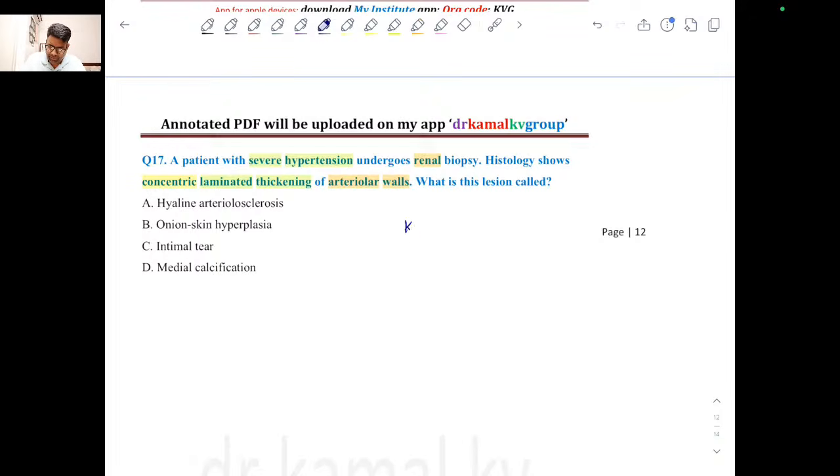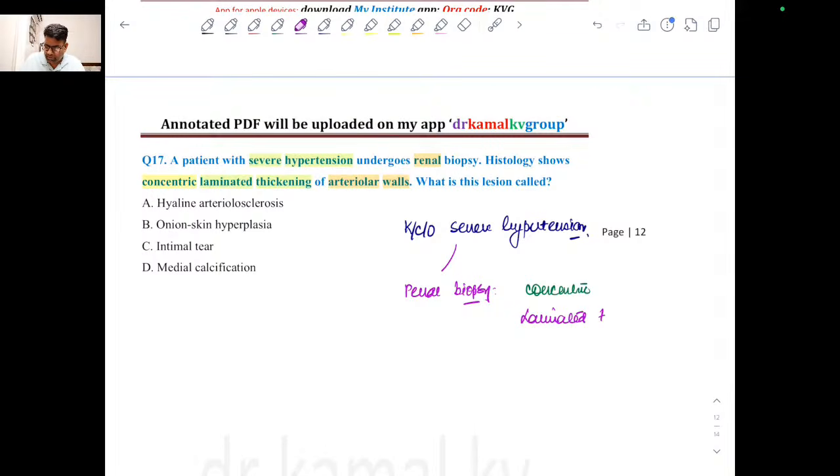So, the patient is a known case of severe hypertension, and renal biopsy shows you concentric laminated thickening of the arterial wall.